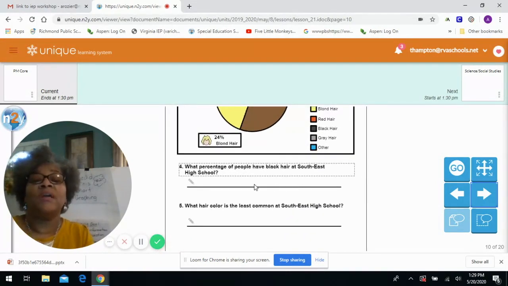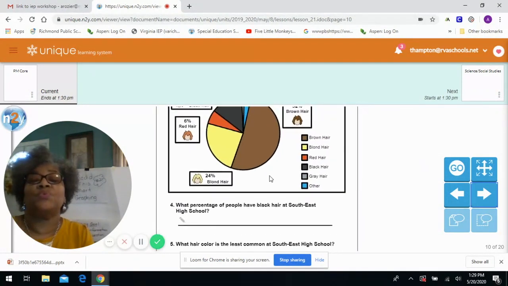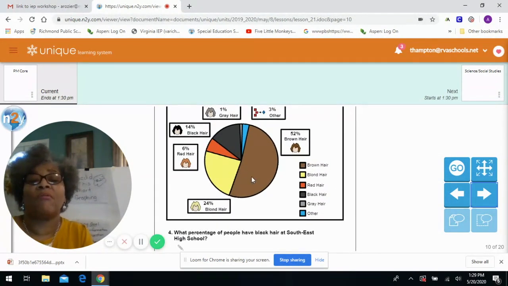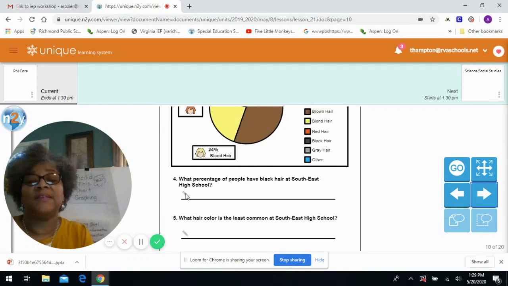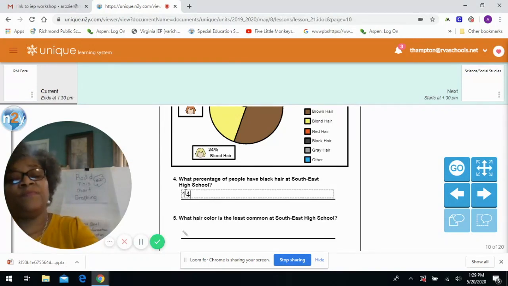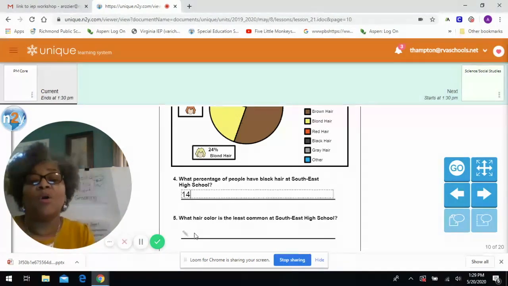We still have more. It says, what percentage of the people have black hair at the high school? So how many people have black hair? We say 14. Okay. And what hair color is the least common? The least common.